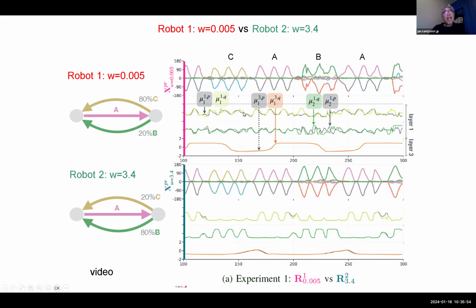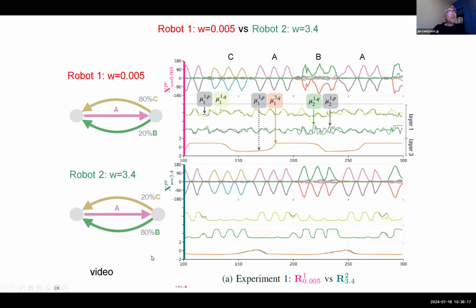You see a small gap. Because W is set small, the KL divergence is allowed to grow larger. That's why you see a gap between the prior and posterior.